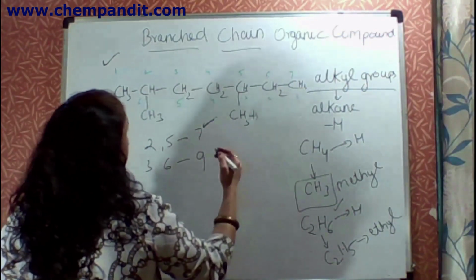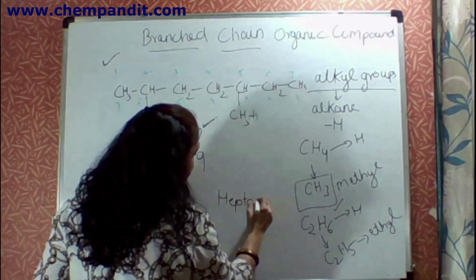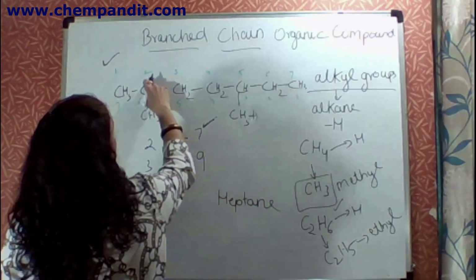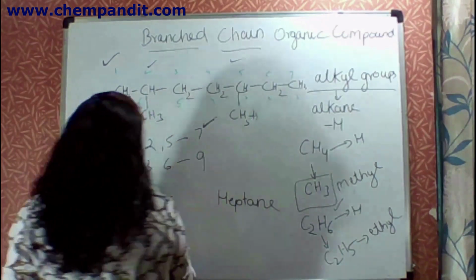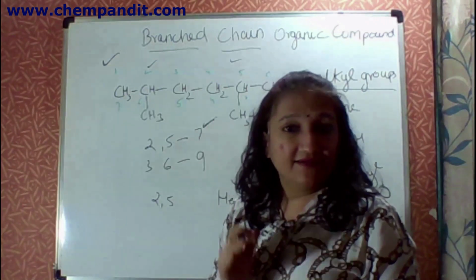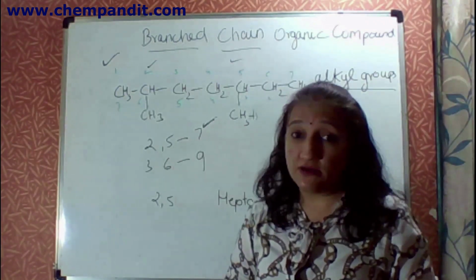This compound is 7 carbon atoms with all single bonds, so this will be heptane, with methyl groups at positions 2 and 5. So we will write 2, 5. You will use the prefix di, similar to the case with the multiple double and triple bonds.